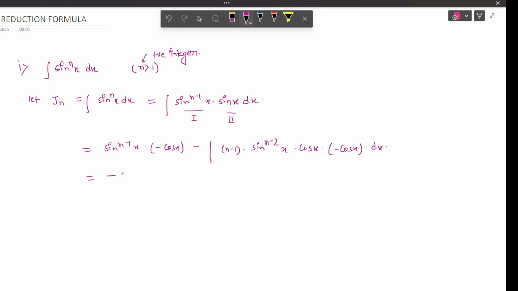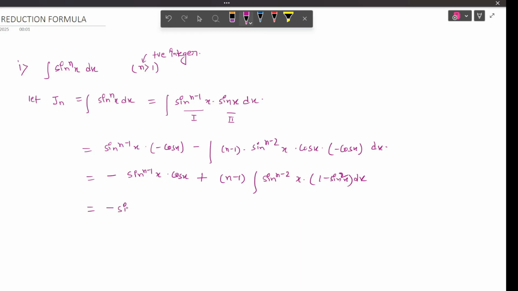So it would be minus sine to the power n minus 1 x into cosine of x, minus minus will give plus n minus 1 integration sine to the power n minus 2 x, and this is cos square x, so we can write it as 1 minus sine square x dx.